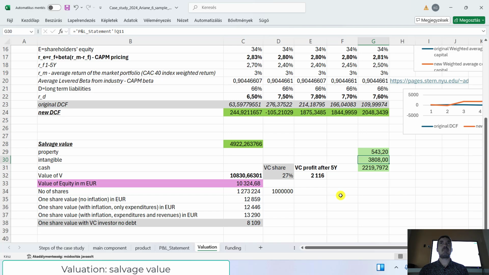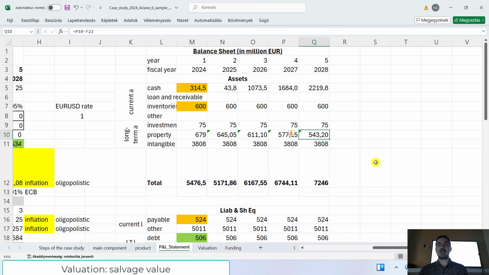Intangibles. In this case, we don't know which part of these intangibles are marketable and which are not. Sometimes it's better to ignore them completely, but we are talking about a company which has a huge history in manufacturing, in designing manufacturing equipment.